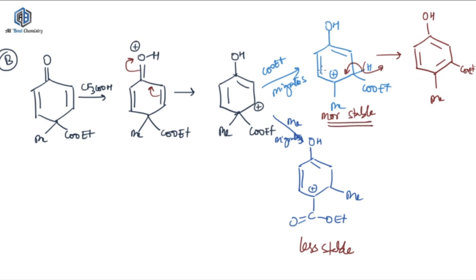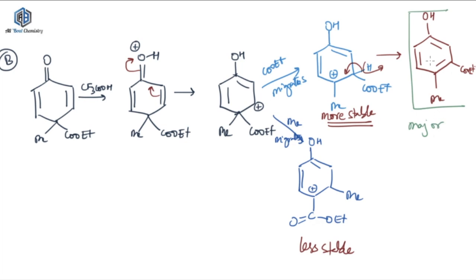More stable because this carbocation is being stabilized by the methyl group or the CH3 group, right? So that is stabilizing the neighboring carbocation, whereas this COOEt is destabilizing this carbocation. So the final product will be formed from the more stable carbocation, and that's why this one will be your major product.